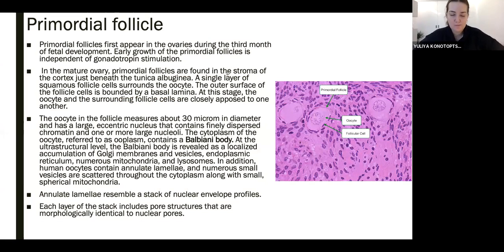Okay, primordial follicle. When do they start to appear? We start making them at the 5th week of development, but you actually start to see them at the 3rd month. You can see individual primordial follicles at the 3rd month.